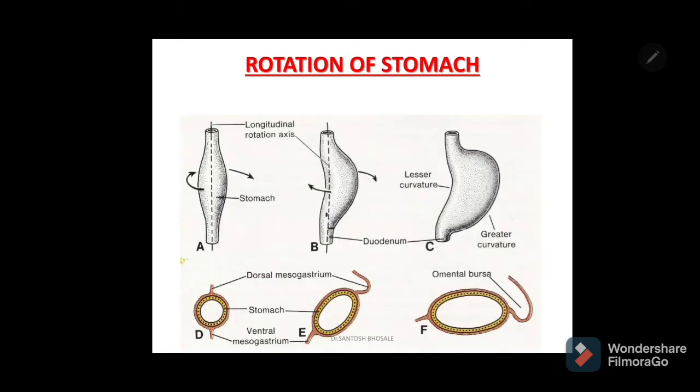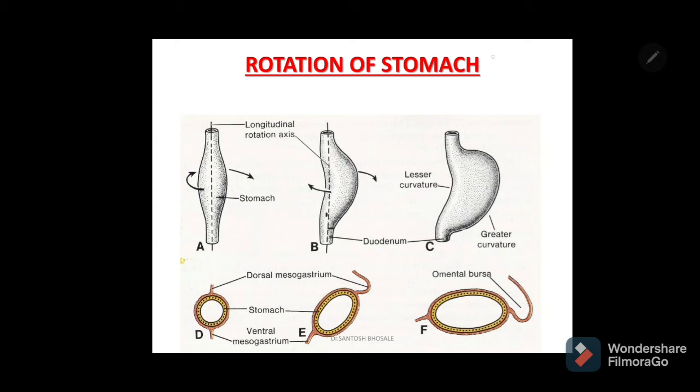Then what happens during the next 2 weeks? The posterior border of the fusiform dilatation undergoes rapid growth, and it results in the formation of the future greater and lesser curvatures. The anterior border of the developing stomach forms the lesser curvature, whereas the posterior border forms the greater curvature, and it occurs due to rotation.